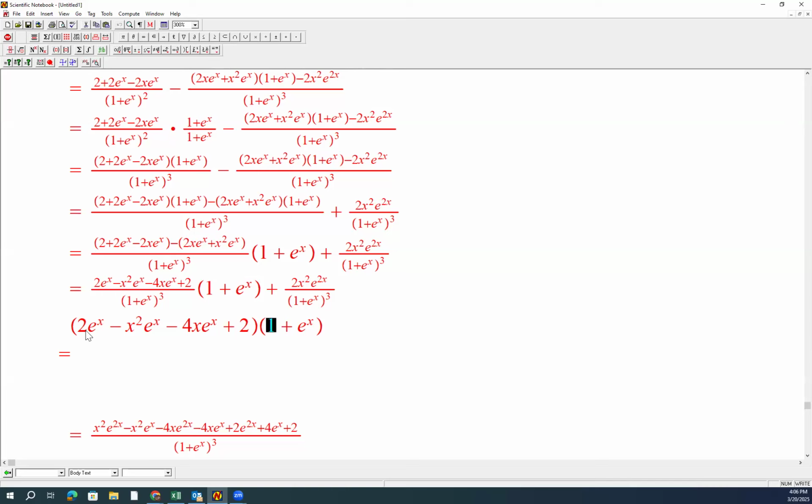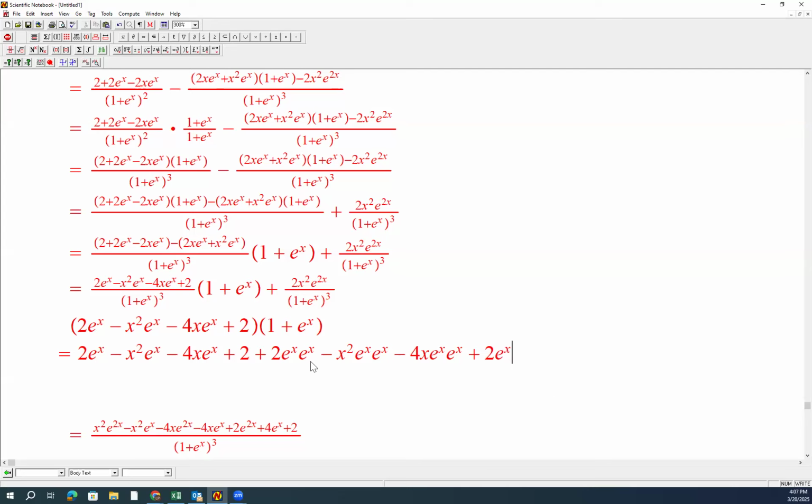Okay, so 1 times that, 1 times this, 1 times this, and 1 times 2. So 1 times all of these, we got all of these. Okay, plus e to the power x times each one of them. So this one gets to multiply e to the power x times that, times that, times that, times that.